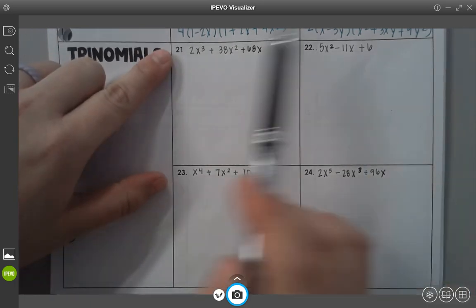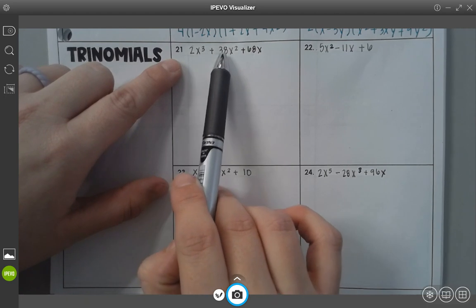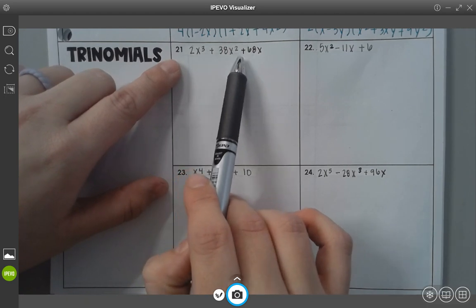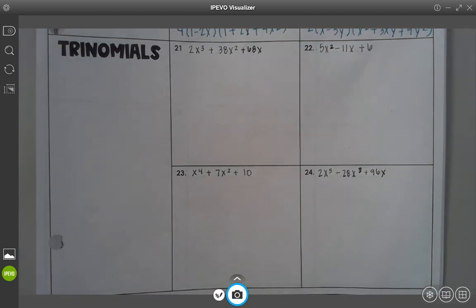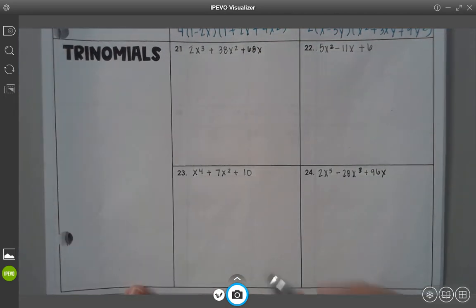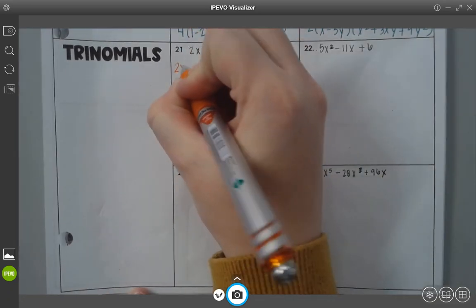So looking at question 21, I've got 2x cubed plus 38x squared plus 68x. Is there a GCF? Yes. What is the GCF? 2x.